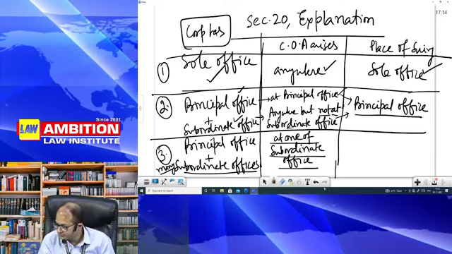The answer is that as far as civil jurisdiction is concerned, it is the prerogative of Parliament, the legislature, to confer or oust the jurisdiction.